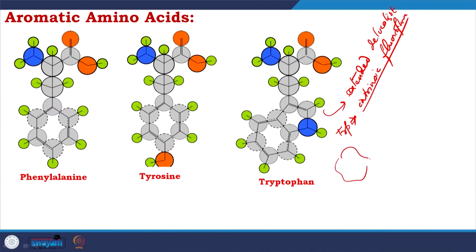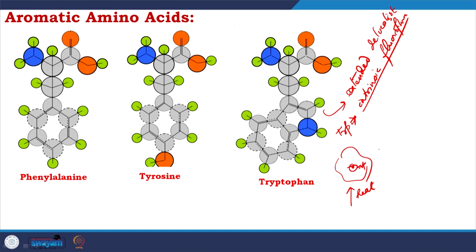How could you use it? Let us say you have the protein and the tryptophan is inside. If you want to test how stable the protein is, you have tryptophan in the core and you provide heat.